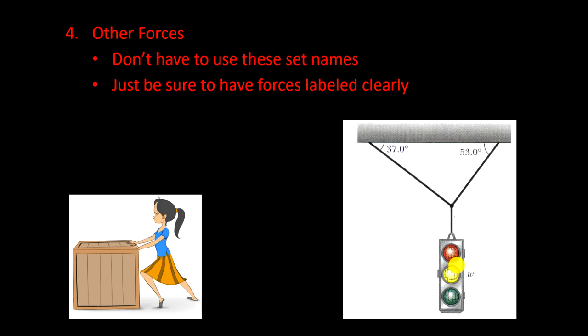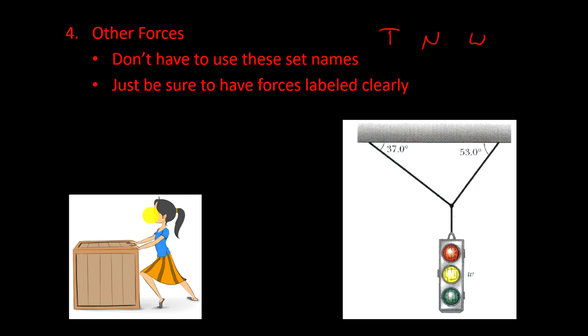There's only one more thing, a part 4, and to be honest, I don't even know if you have to write it down. I just want to emphasize, don't get yourself boxed in thinking you have to use either tension or normal force or weight. It's very possible you have forces that don't fit the labels we've written down.